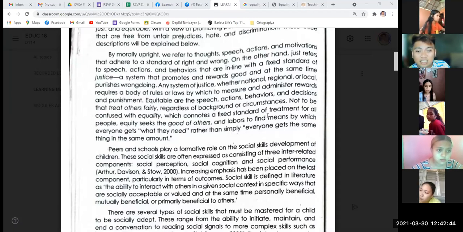Puro Asians lang din, unlike the Black Lives Matter. Di ba? So, our role as a teacher is to make sure that we try to prevent bullying. Okay?